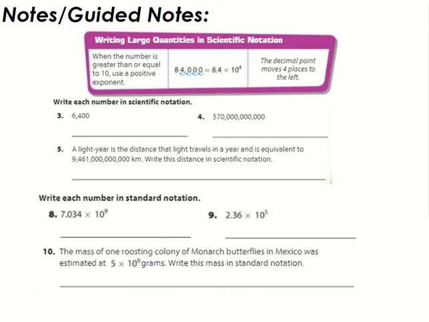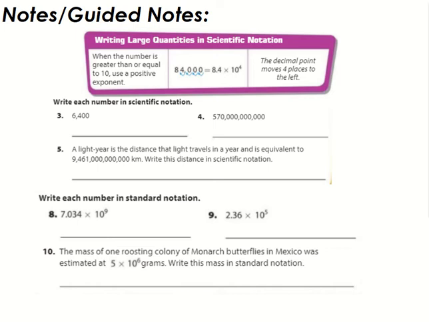We move the decimal so that the number becomes between 1 and 10. It can be 1, but it cannot be 10. Then we literally move the decimal, so you can see now it's 8.4, and then we times it by 10. It's always 10 to the 4th power because we moved it 4 times. So you can see we're still dealing with some exponents. The decimal point moves 4 places to the left.